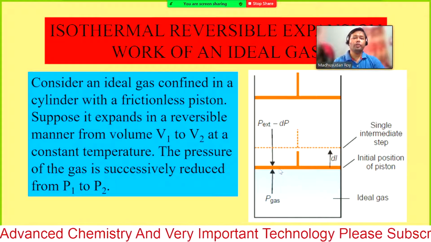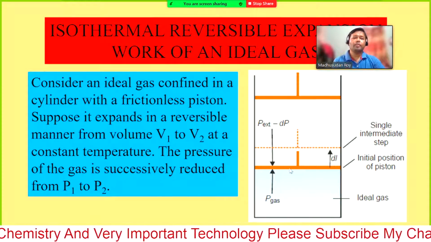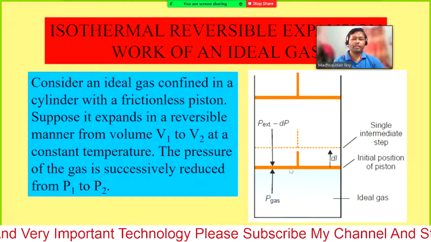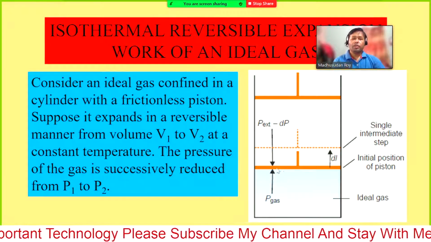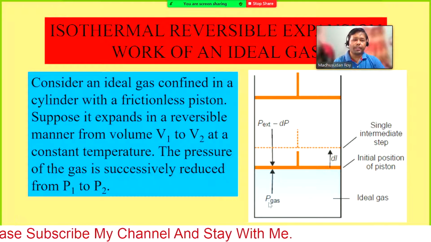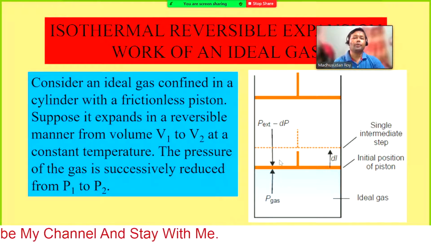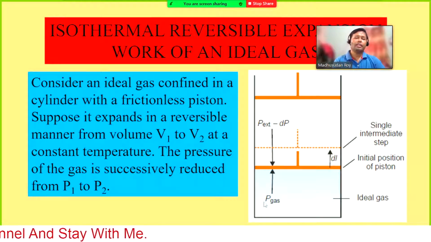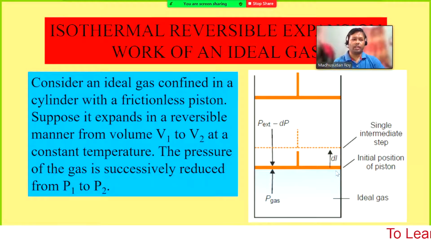If we want to keep the piston steady, we need to apply some pressure exactly equal to the pressure of this gas from the outside. Otherwise the gas will always try to push out, because the piston is frictionless.